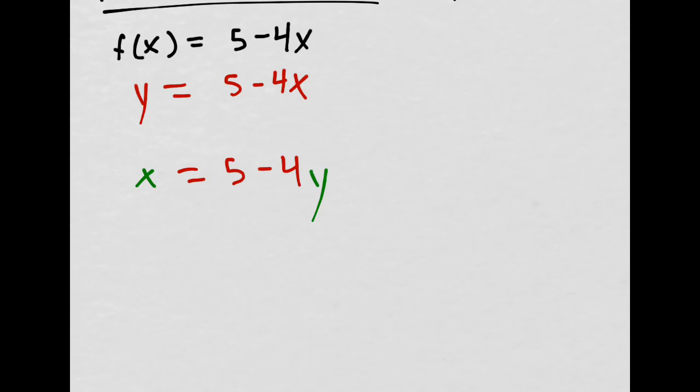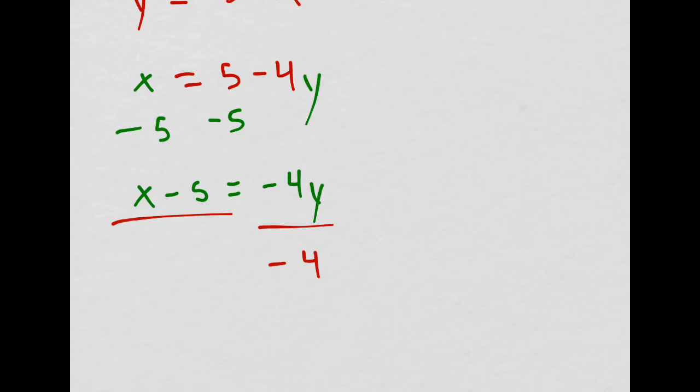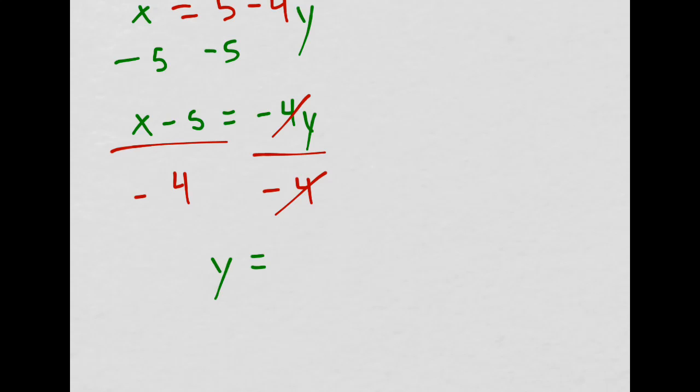So I switched my variables, and then I'm going to solve again for y. So I'll just get y by itself. So, minus 5, minus 5. So I get x minus 5 equals negative 4y. Divide by negative 4. And then I get y equals x minus 5, all divided by negative 4.